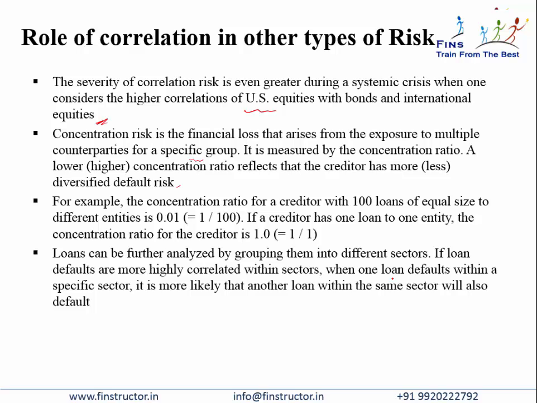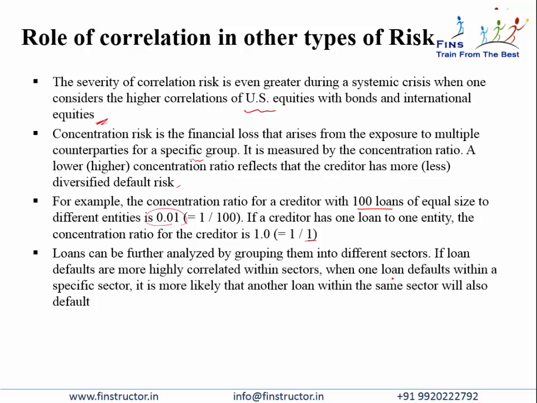So the concentration ratio for a creditor with 100 loans of equal size to different entities is 0.01. If a creditor has one loan to one entity, then the concentration ratio is 1. So the lower the concentration ratio, the more diversified is your book, the lesser is your default risk.